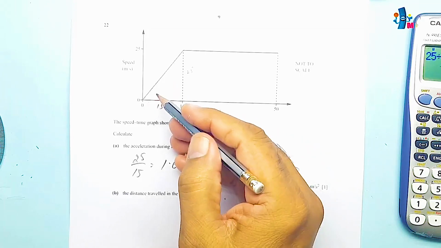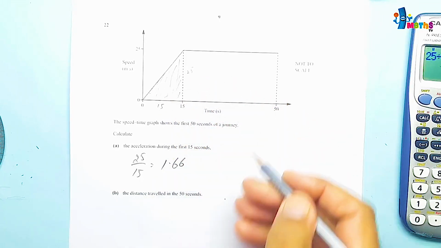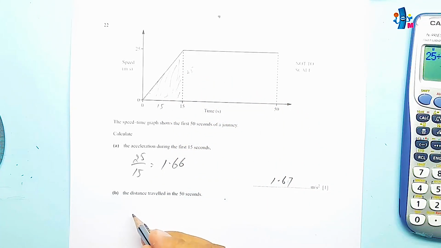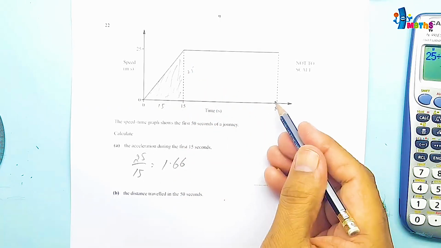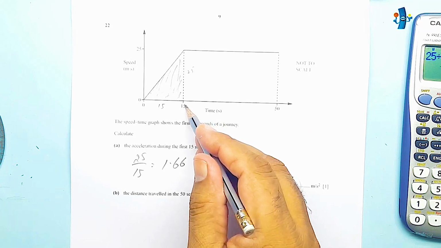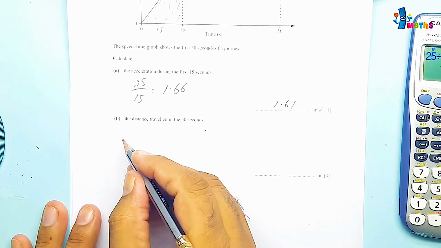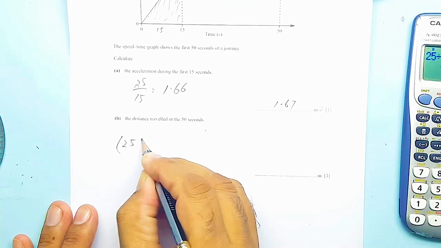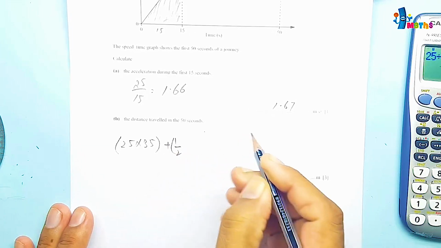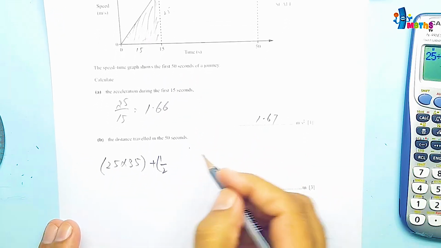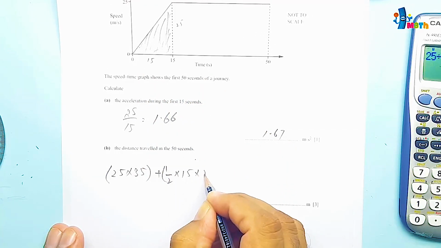The distance traveled in this 50 seconds is the area of this triangle plus the area of this rectangle. The area of the rectangle will be 25 multiplied by 50 minus 15, which is 35. So it will be the area of the rectangle, 25 into 35, plus half into base, which is 15, into height, which is 25.